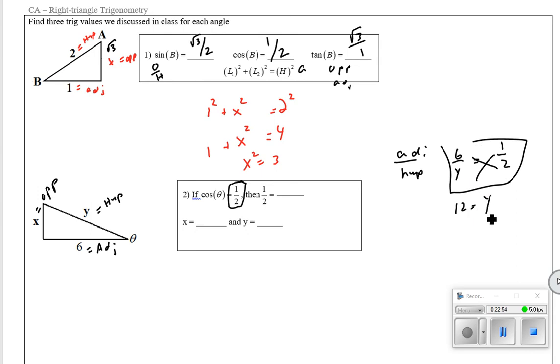Y is 12. Now from Pythagoras, I know that the hypotenuse squared equals a leg squared plus a leg squared, using my calculator. And 108 is not a nice easy square root, so it's going to be the square root of 108.